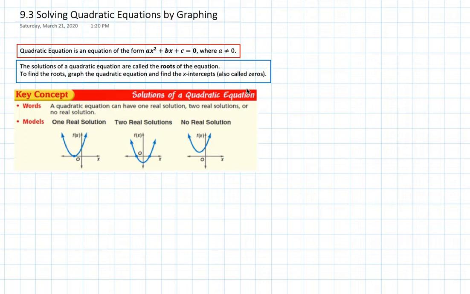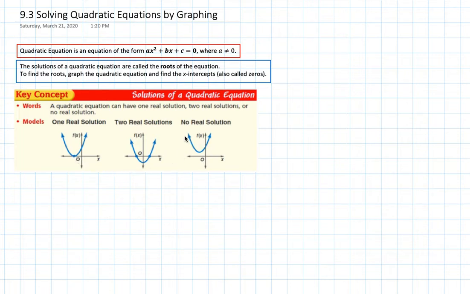So when you graph, you're going to end up with something like this, or like this. A lot of them you'll see have two places where they cross the x-axis. Then that means there are two solutions. If the vertex is on the x-axis, then it just hits it once, that's one solution.